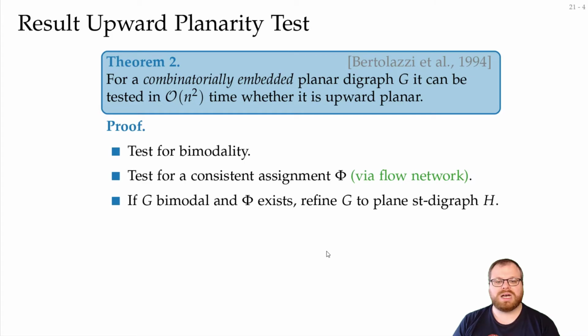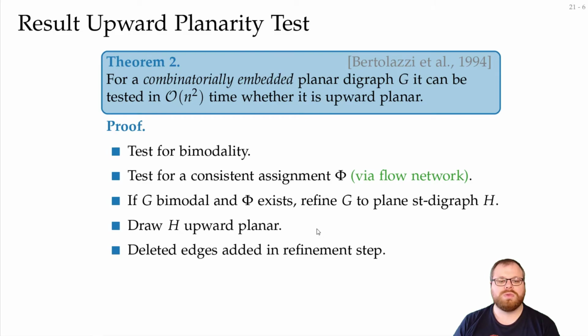If it is bimodal and a consistent assignment exists, then we refine it to a plane ST digraph. And we draw that plane ST digraph upward planar. Then we only have to delete all the edges that we added in the refinement step to get a drawing of our input graph.